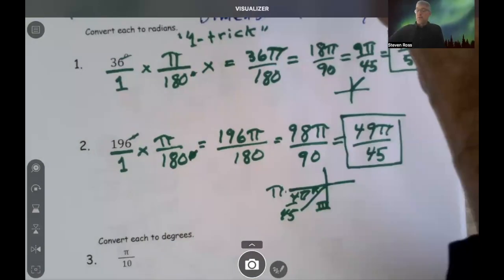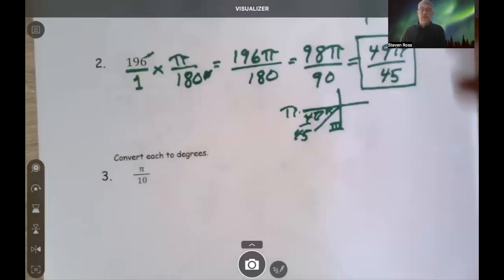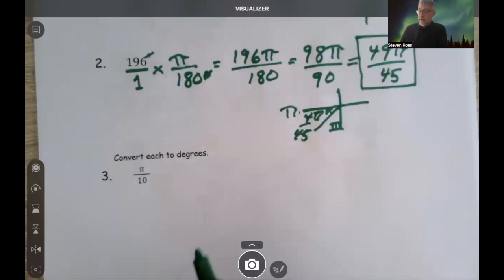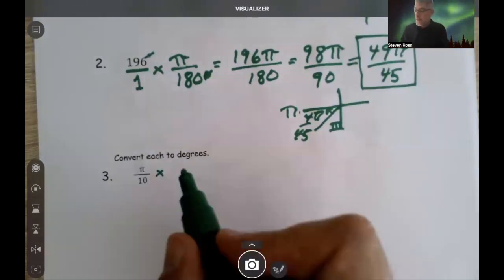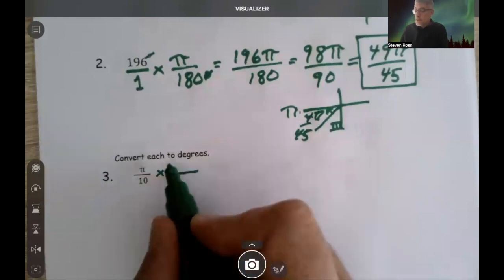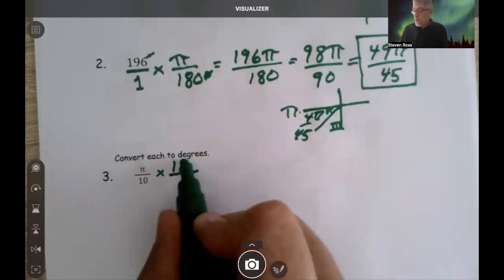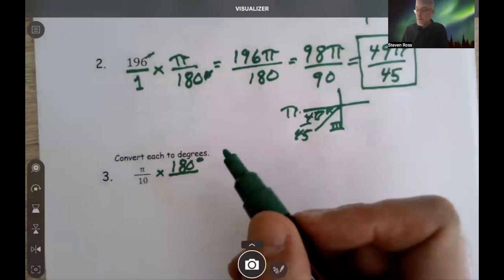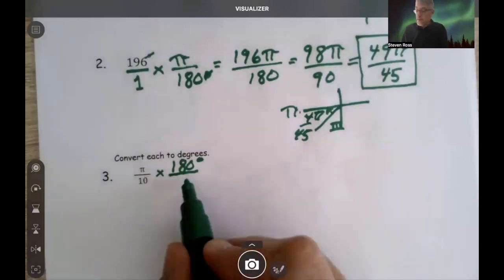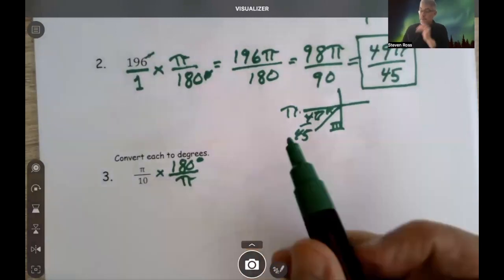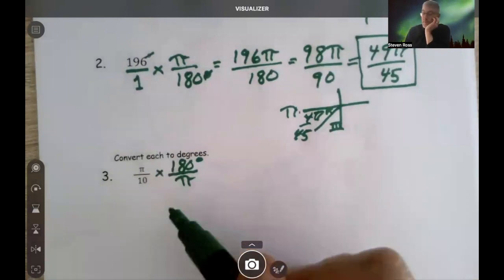All right, let's convert in the other direction. Pi over 10 radians, already a fraction. So what I'm going to do is multiply by 180 degrees in the numerator over pi radians in the denominator.